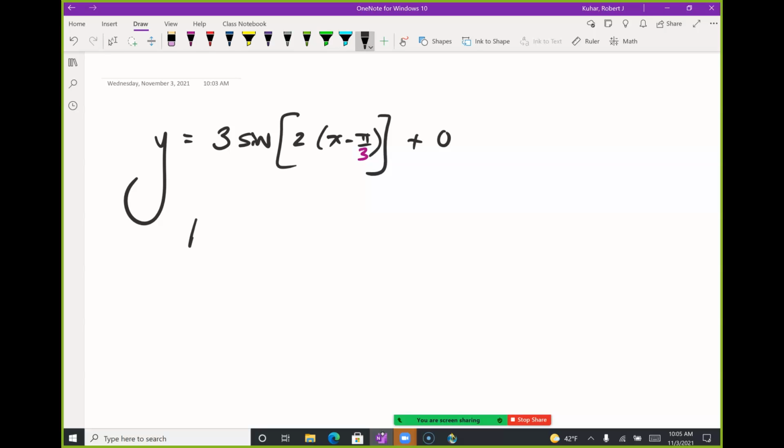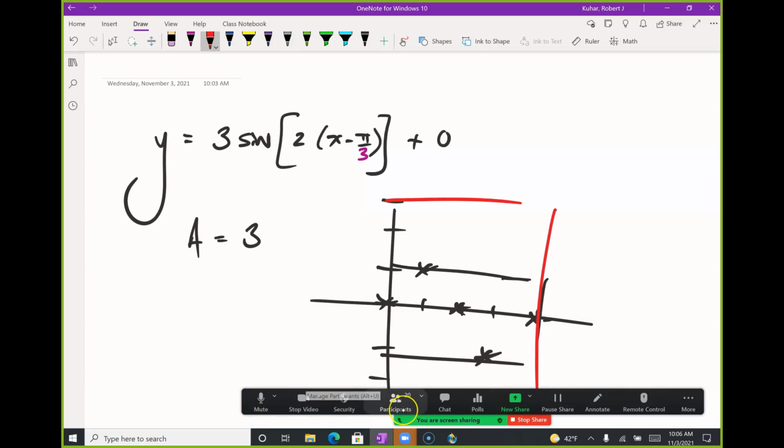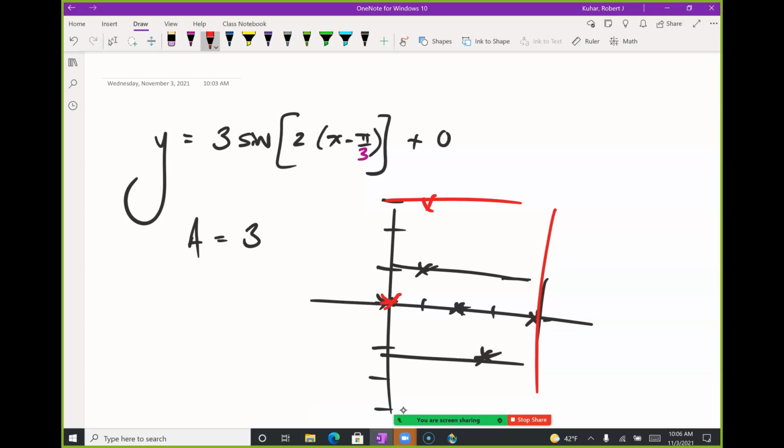What's our amplitude? 3. So I already know that my mother function sine curve, the original sine curve here in black, 0, 1, 0, -1, 0, is now going to be all stretched out right here.